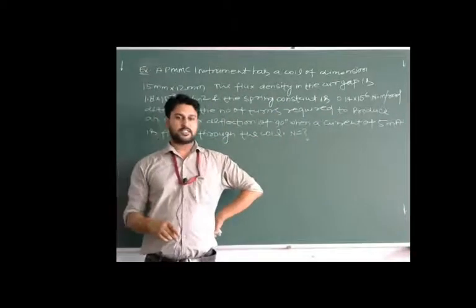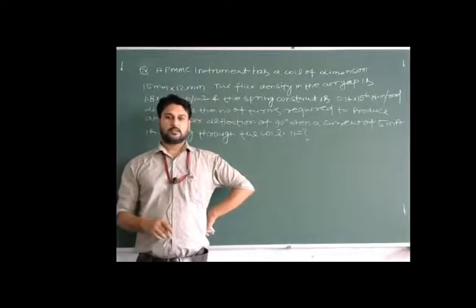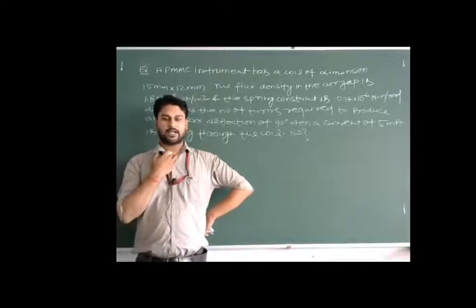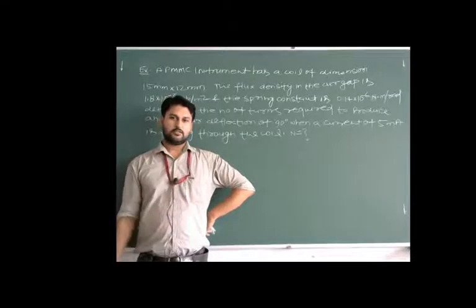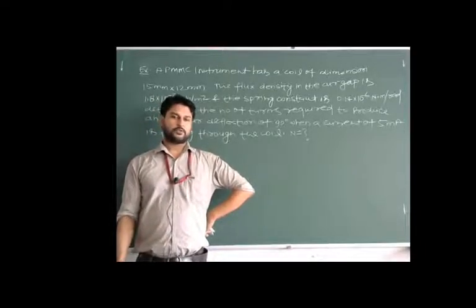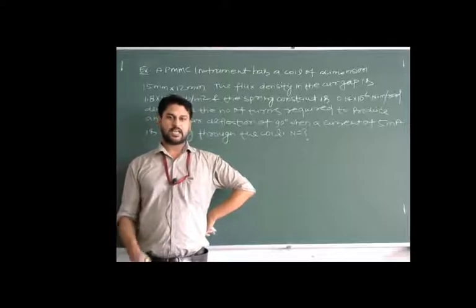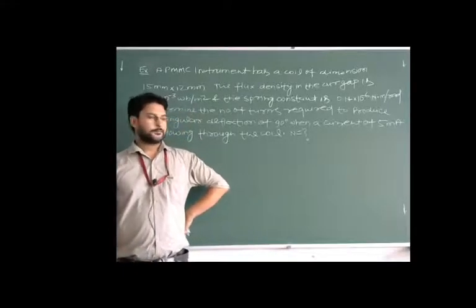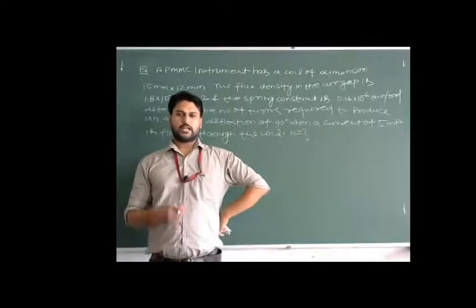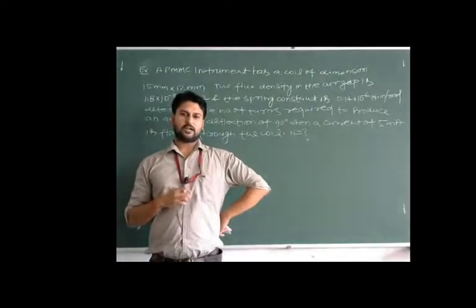In the PMMC instrument, the deflecting torque is produced by the magnetic effect of the current, whereas the controlling torque is produced by a pair of control springs. So the pointer will stop when the deflecting torque becomes equal to the controlling torque.